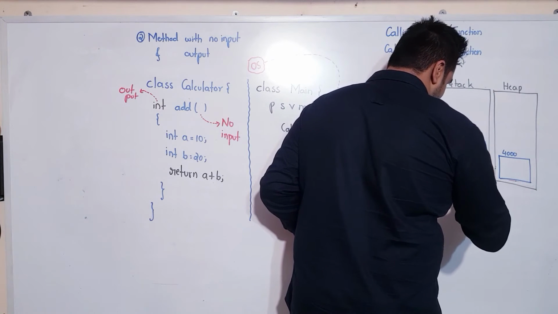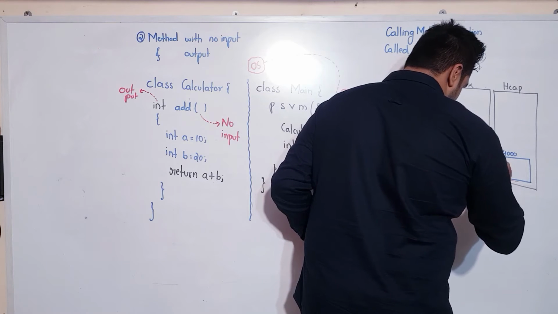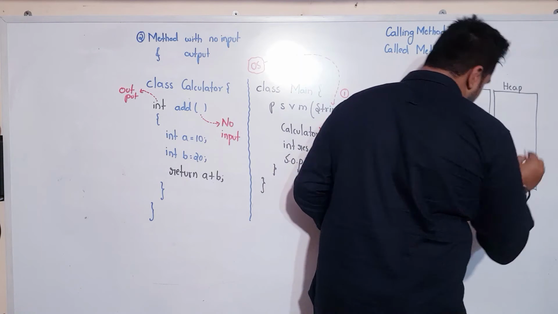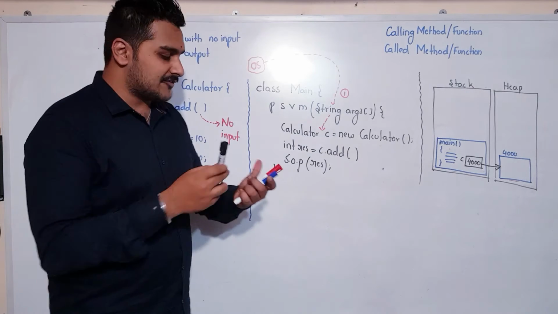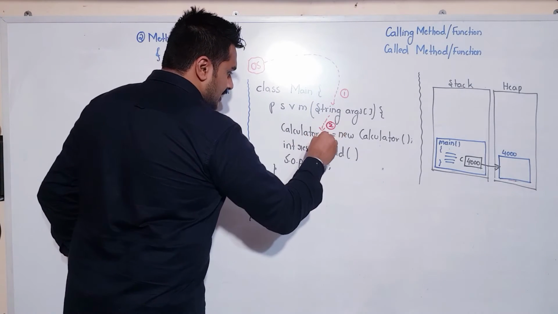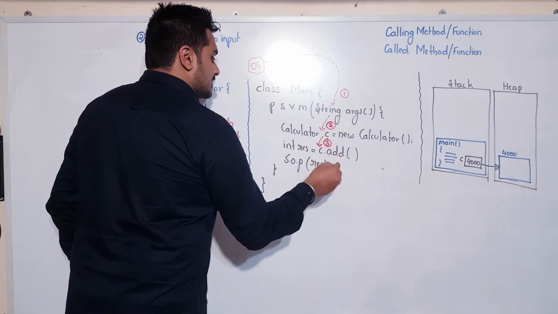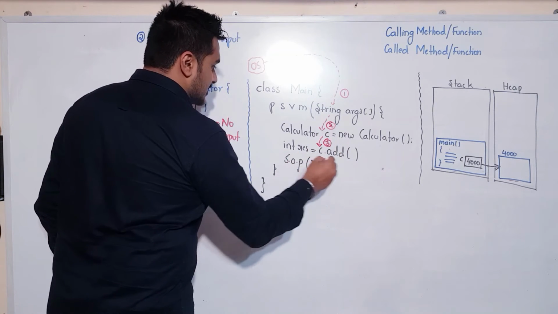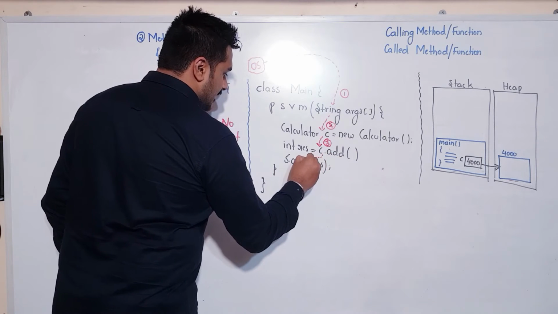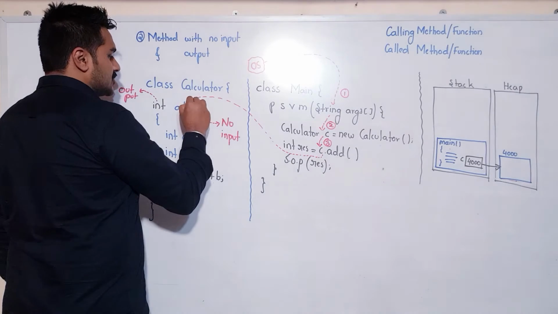I will take C to the location 4000. He is pointing. After that, I am going to come to the next line of code where I am telling C to call this add function. From here, the control is coming to your add function.